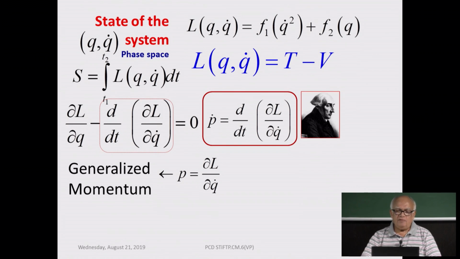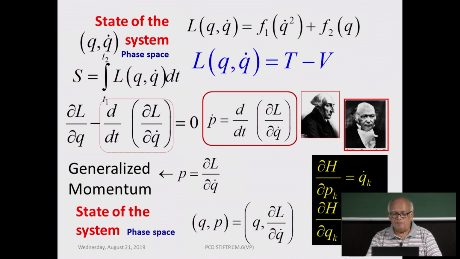You have introduced the generalized coordinates because this equation is set up after you remove all the effects of the constraints. So, we work only with the independent degrees of freedom represented by the generalized coordinates. Their time derivatives are the generalized velocities, and the partial derivative of the Lagrangian with respect to the generalized velocity is what gives you the generalized momentum.